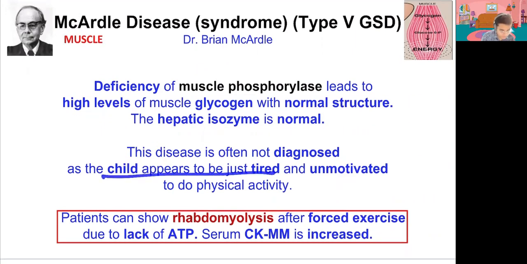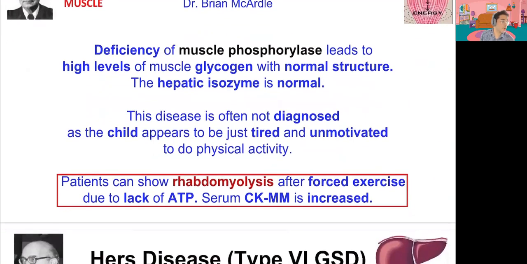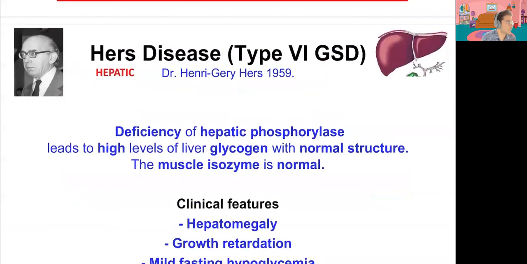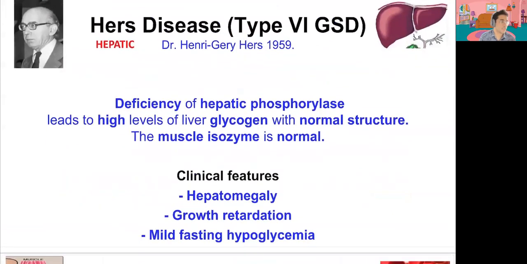So the children are often tired, unmotivated, often like me after an exam. So patients can show rhabdomyolysis, rhabdo, myolysis. This is talking about your muscles being torn apart after forced exercise due to lack of ATP. Serum CK-MM, which is a cytoplasmic enzyme, is going to be elevated. So creatine kinase, muscle.